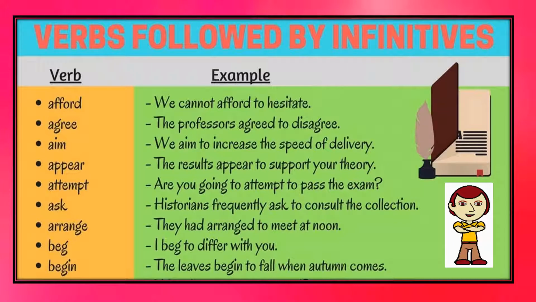Agree: the professor agreed to disagree. So here the infinitive verb is to disagree. Aim: we aim to increase the speed of delivery. Infinitive verb to increase. Appear: the results appear to support your theory. Your infinitive verb is to support.